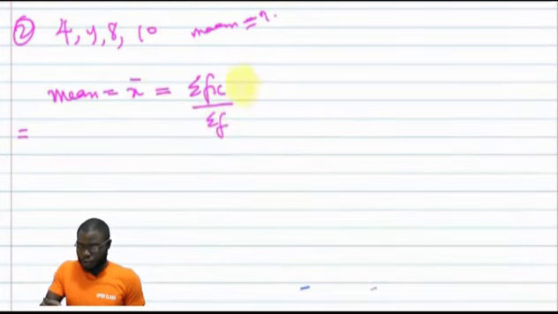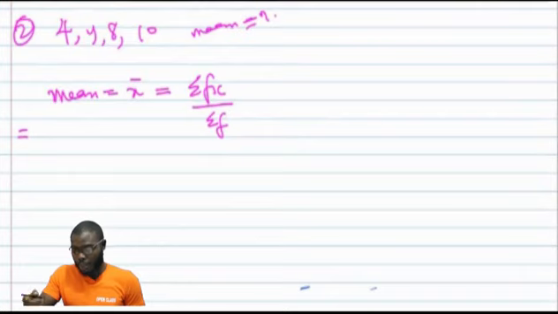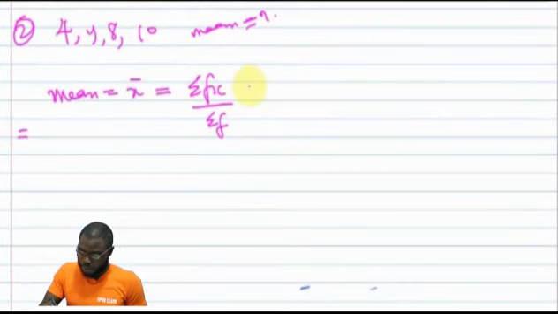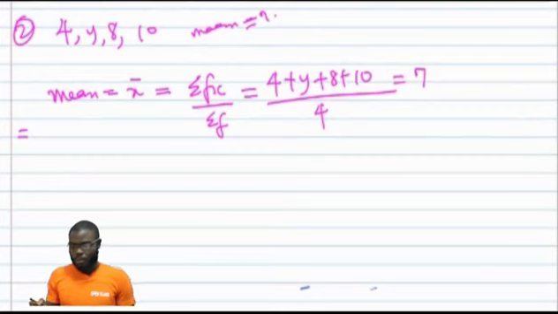Invariably, what we are saying is you multiply the variables by the number of times they appear, divided by the summation of the appearances. So 4 appears only one time: 4 times 1 plus y plus 8 plus 10, divided by the appearances. 4 appears only once, that's 1, 2, 3, 4. Divided by 4, all is equal to 7.